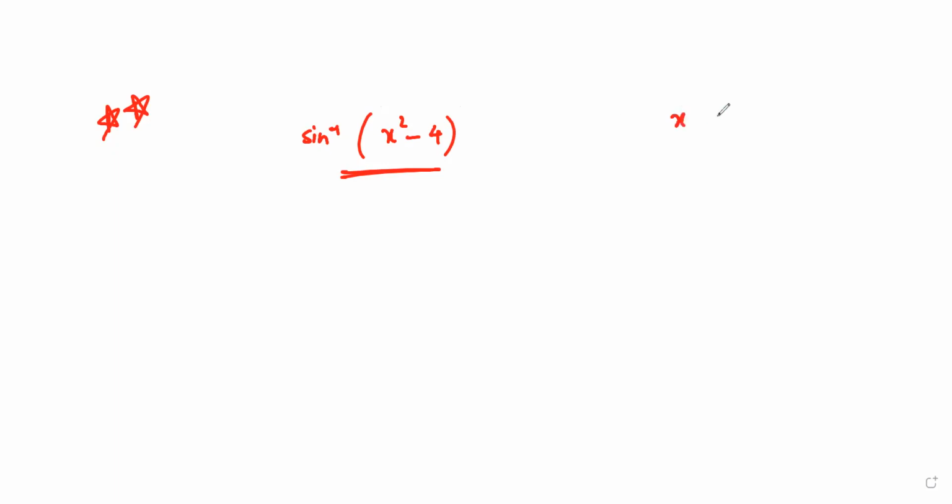So normally you know very well that for sin inverse of x, x belongs to minus 1 to 1. So can I say minus 1 is less than or equal to x square minus 4, less than or equal to 1. Adding 4 on both sides, 3 is less than or equal to x square, less than or equal to 5. From this I will get two cases.